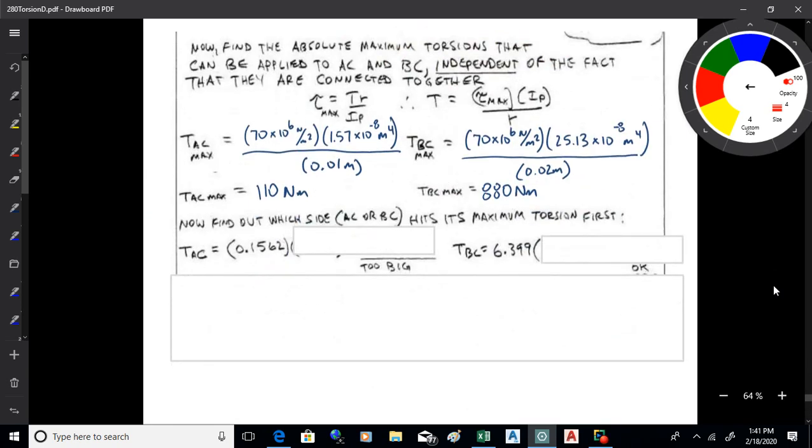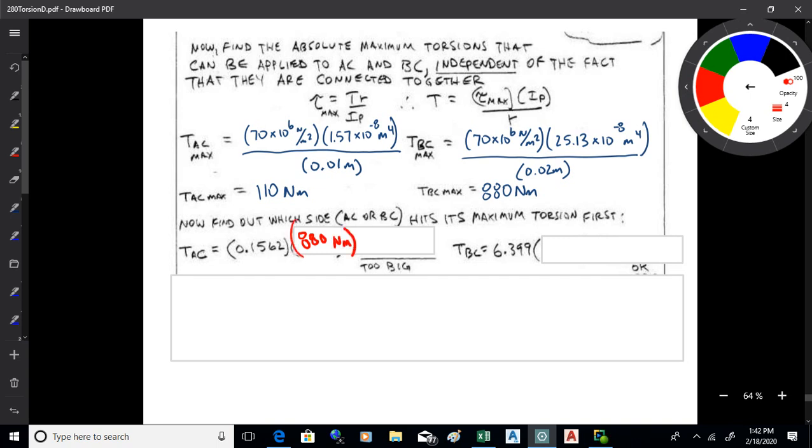So what we got to do here is figure out which one maximizes first, okay? So now I know that TAC max is 110 and TBC max is 880. Now I got to figure out which one maximizes out first. So I know that TAC is 0.1562 times whatever TBC is, and that's 880. So I'll put that in there.